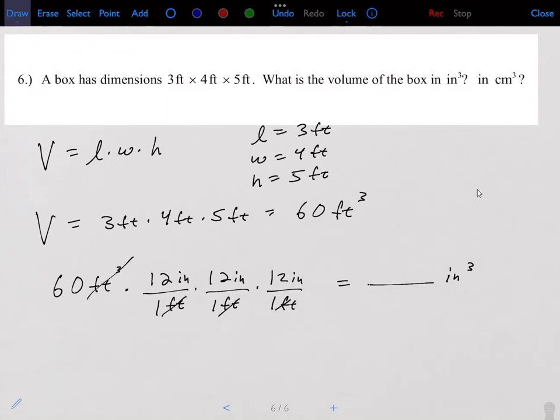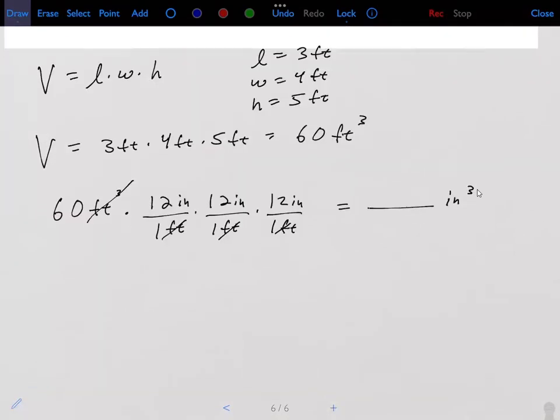And then this is simply going to be 60 over 1 times 12 over 1 times 12 over 1 times 12 over 1. If you work that out, that's going to be 103,680 inches cubed.